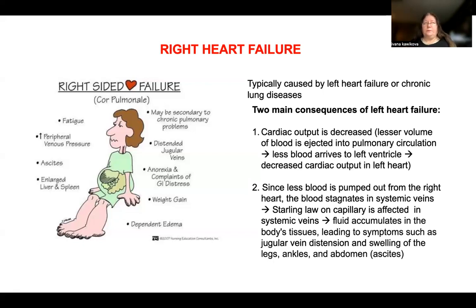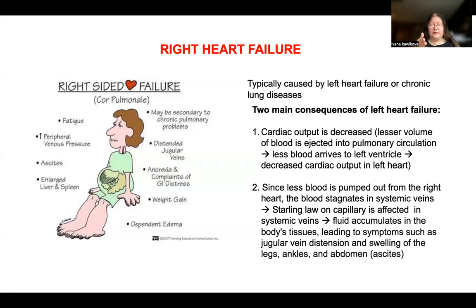Now, one more thing that I wrote here is that the cardiac output on the right heart, when it's decreased, because the heart is not able to pump against higher resistance, it means that also less blood is going to arrive through pulmonary circulation into the left heart.